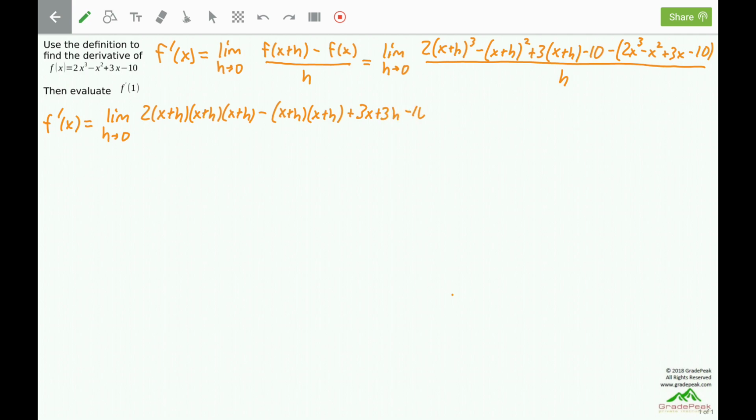We have a minus 10. We have, distributing the minus sign, a negative 2x cubed, a positive x squared, a negative 3x, and a positive 10. And all this is divided by h.